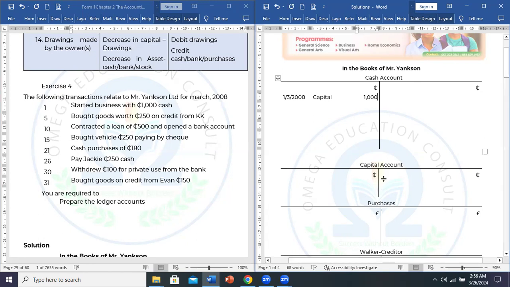And then in the capital account, 1st March 2008, cash as the detail, we put 1,000. Okay, so that's for the first transaction.